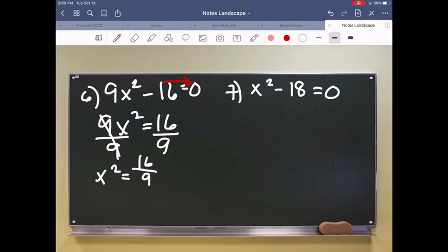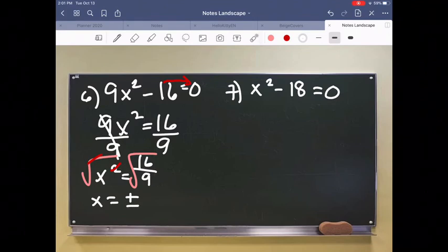So 16 over 9. Notice, class, that 16 and 9 are also perfect square. Okay, so we can already extract the square root here. Okay, so we extract the square root, we cancel this. Okay, and then we have x equals, okay, so what is the square root of 16? Okay, so the answer is 4. And what is the square root of 9?